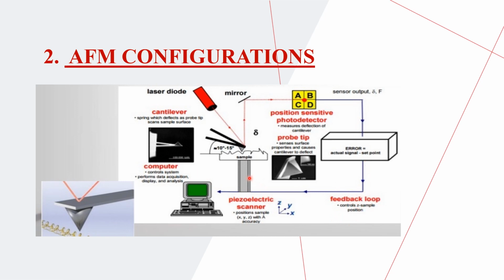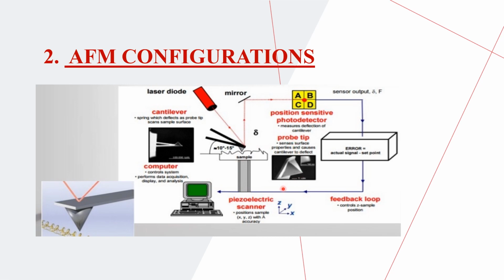There is one more important component, that is the piezoelectric scanner, which is made up of a special kind of material which changes its shape when a voltage is applied, either in X direction, Y direction, or Z direction. So either the probe can be adjusted according to the roughness, or this piezoelectric scanner can be changed in X, Y, or Z direction.